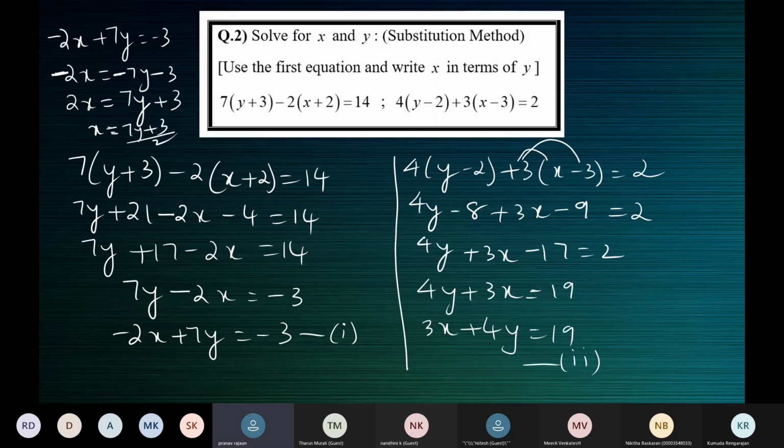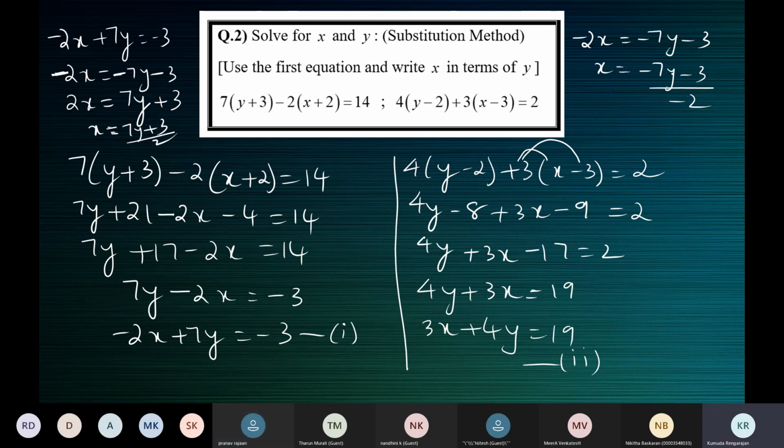Ma'am, is it necessary to get rid of negative signs? Okay, you can do it in a different way. Minus 2x is equal to minus 7y minus 3 divided by minus 2. You can write it like this.